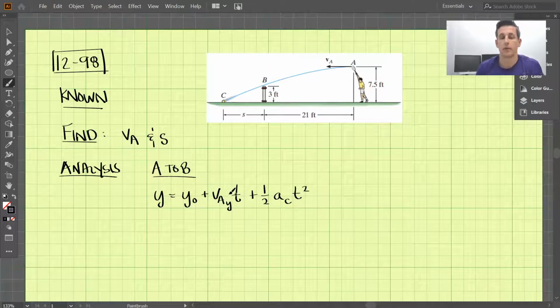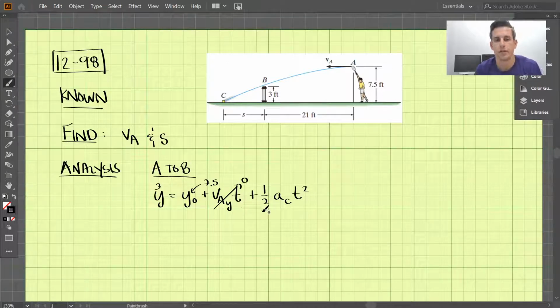We already know that there's no initial vertical velocity here, so this term comes out to 0. We know that the original height is 7.5 where the person hits the ball, and then the final height where it barely clears the net is 3.